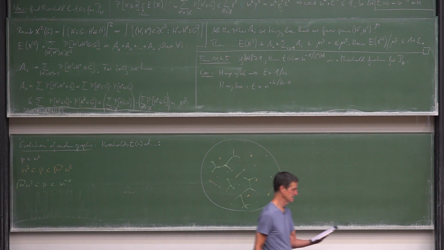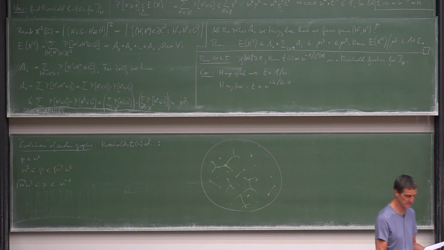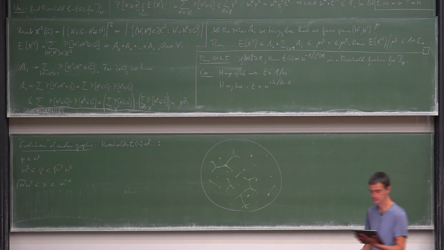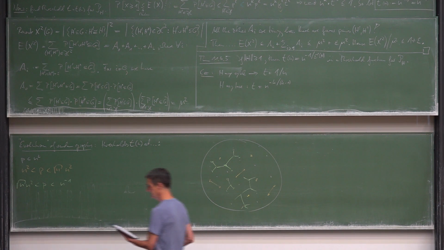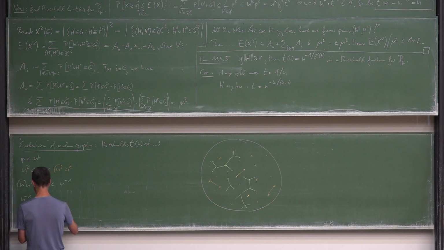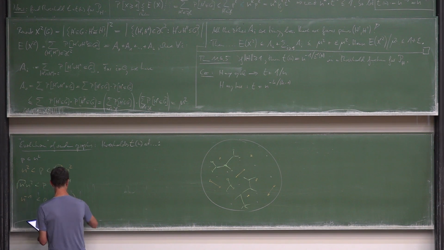Okay. So we don't have any cycles yet because we're below n to the minus 1. We're below 1 over n. But the cycles are coming now. So n to the minus 1 less than p less than log n times n to the minus 1.